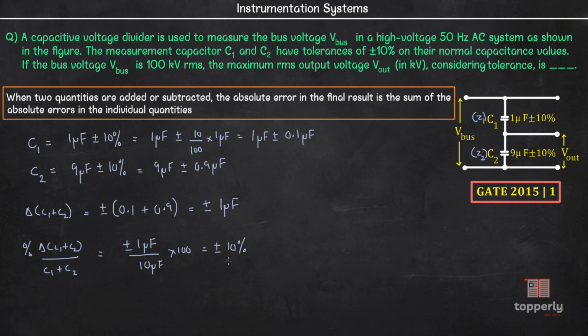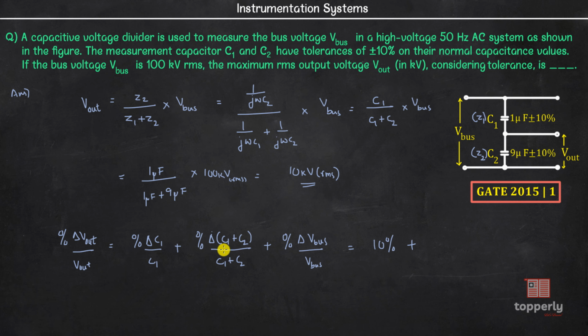So we can substitute this value in here and we get 10% plus 10% plus, since no uncertainty is mentioned for V bus, this is 0%, and the total is 20%.